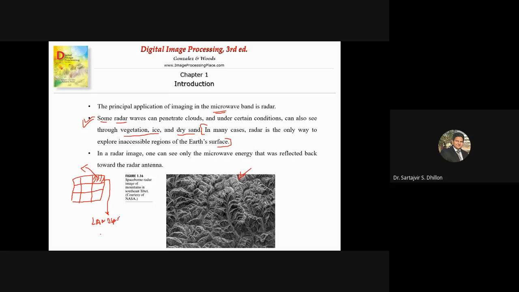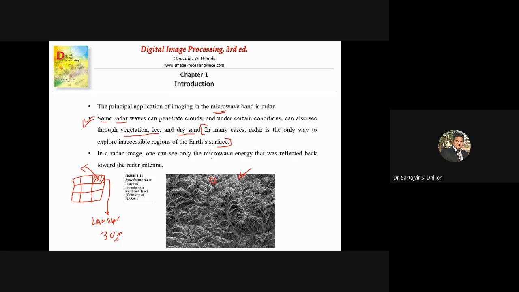Landsat offers the information at 30 meter resolution. What does 30 meter resolution mean? A single pixel of an image represents a 30-meter area of that particular region.